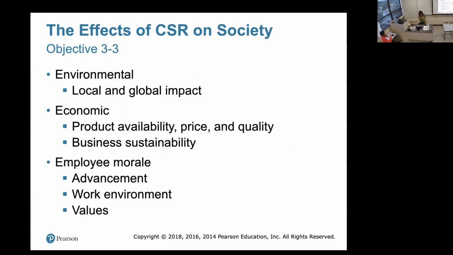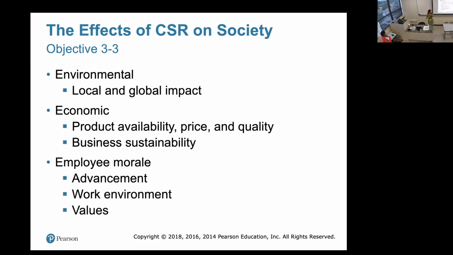As for the effects, you have the environmental effects, obviously a direct local effect, and then a global effect. The economic effect is that product availability, price, and quality could change. Business sustainability: usually when you have a really good ethical strategy, especially if you're manufacturing products, long-term it pays off, right?